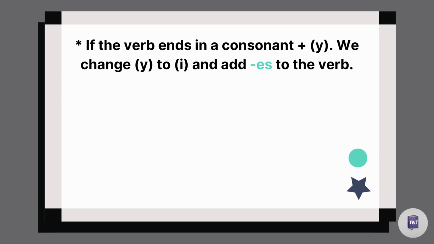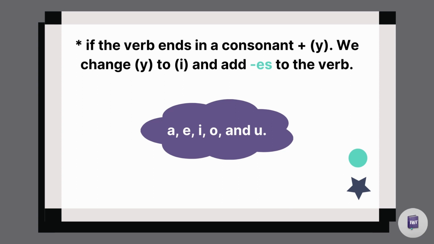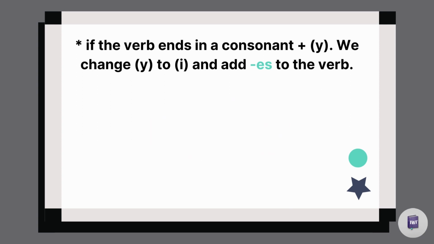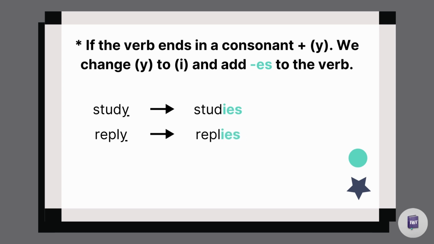Another change is if the verb ends in a consonant plus y. All the letters are consonants except vowels, and vowels in English are a, e, i, o, and u. In this case, we change y to i and add es to the verb. Examples: study, studies. Reply, replies.